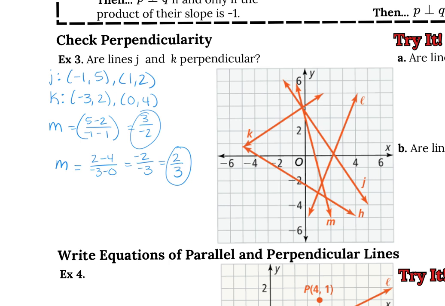Well, those are negative reciprocals of each other. So yes, these are perpendicular.